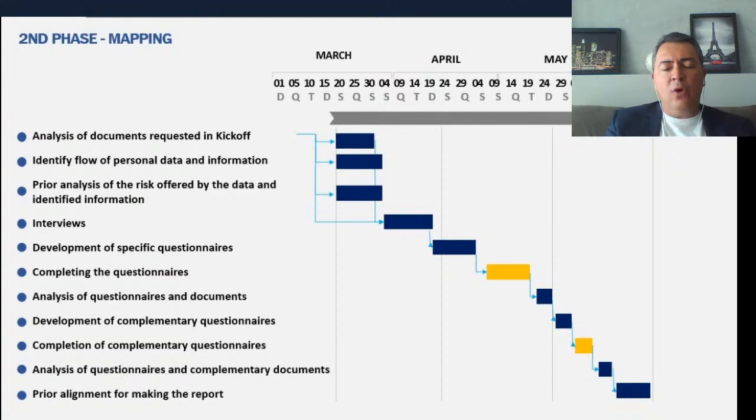So the solution for any gap is one of these 4 things. You might need to change a process, or train people, or implement a data privacy management software, or it's a legal solution: a disclaimer or a change in a contract.